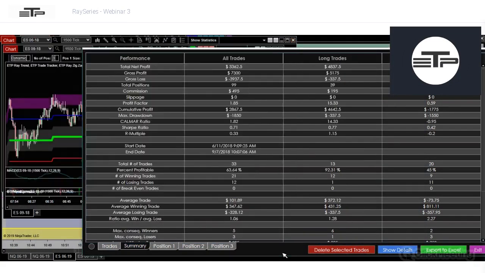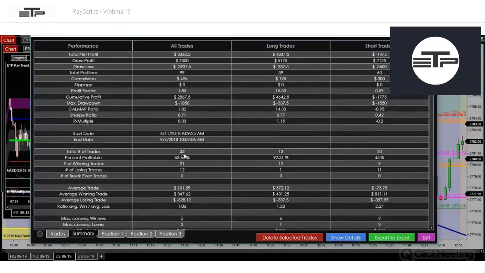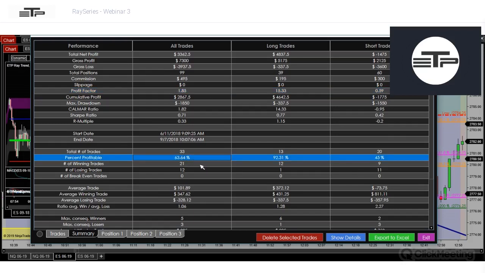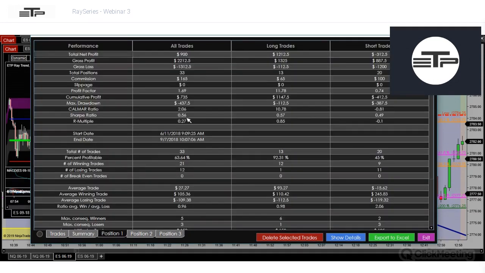In this one, it's actually just 33. So the number of trades actually dropped down quite significantly. The maximum drawdown stayed consistent. The profit factor dropped a little bit, but this was our worst month overall, and we had a 63.64% profitability rate. Position 1 was in profit. Actually, all the positions were in profit for this month as well.